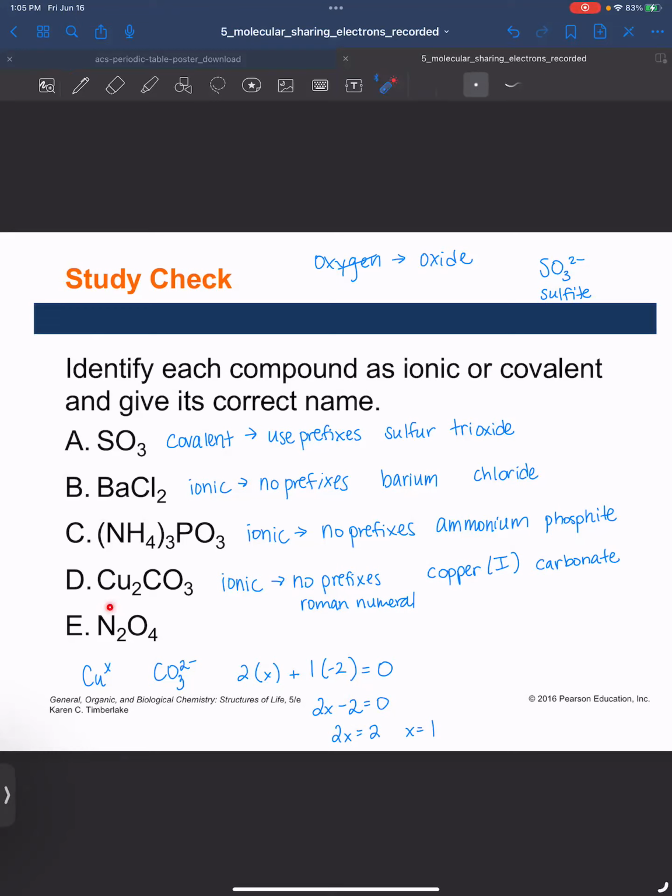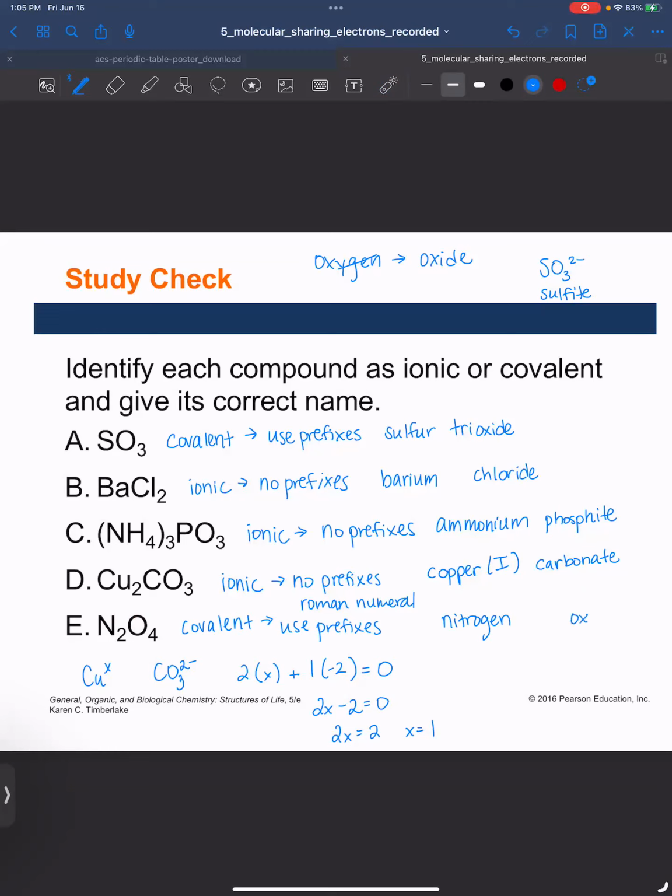All right, the next example here, we have nitrogen and then oxygen, 2 nonmetals. So we're working with a covalent compound. We need to use the covalent naming system, which utilizes prefixes. And so you write the full name of the first element. So in this case, nitrogen. The second element, we use the first syllable followed by IDE.